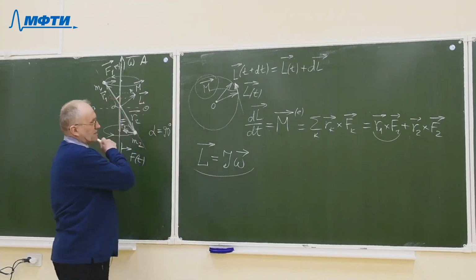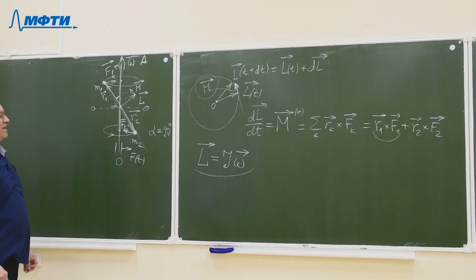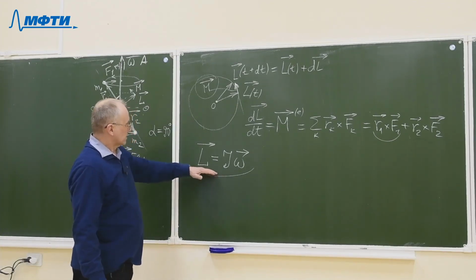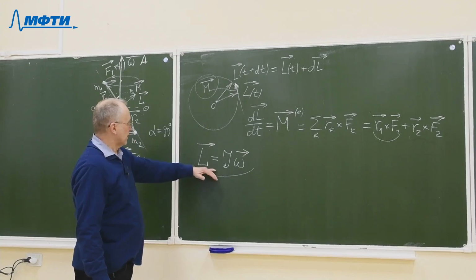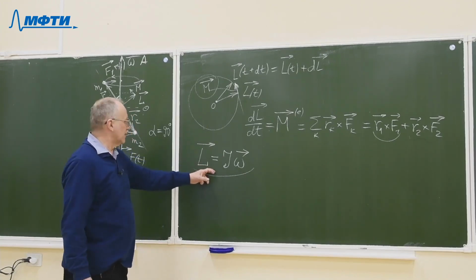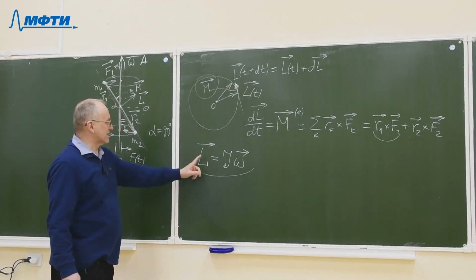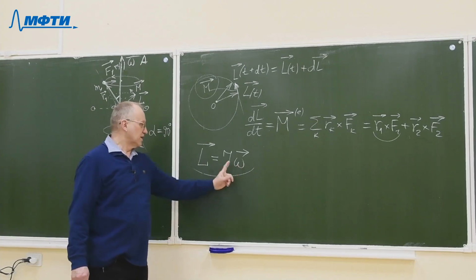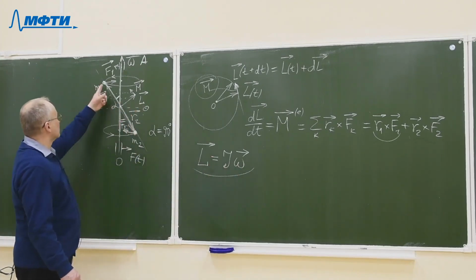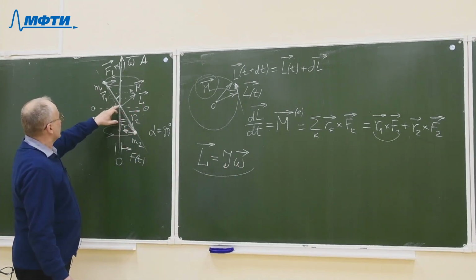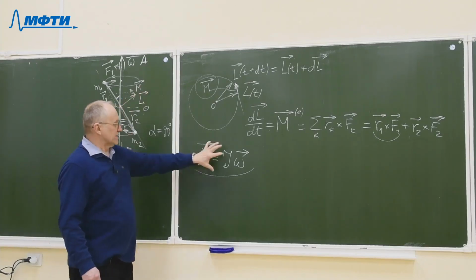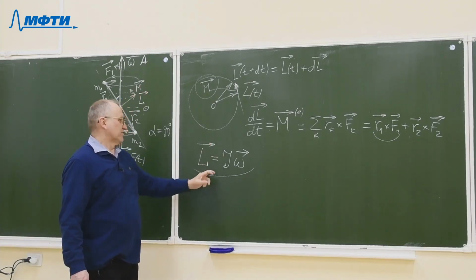This formula is convenient enough so that people wanted to keep this formula correct, even in the cases when vector L is not parallel to vector omega. Even in cases that we considered when vector L looks in some other direction. People wanted to retain this formula because it's very convenient.